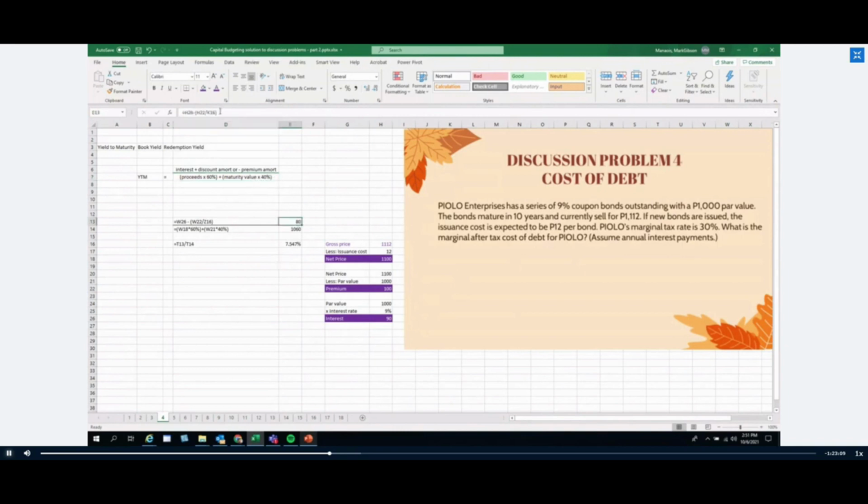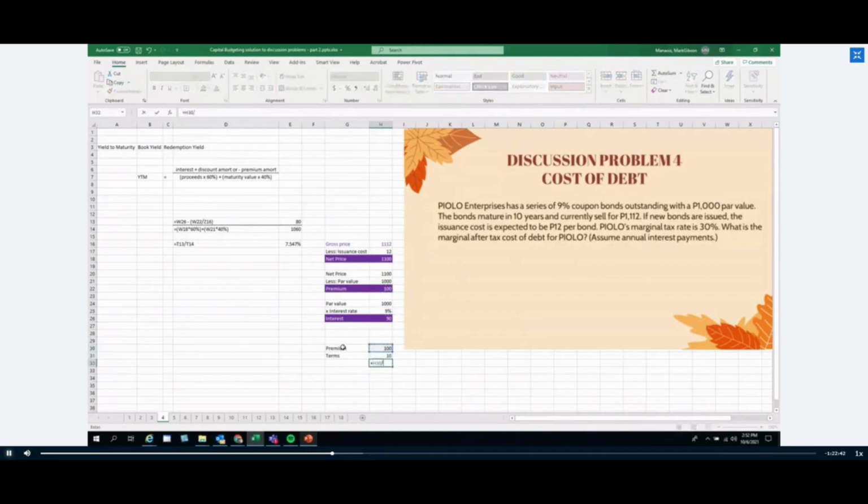Isa-isayin natin yan. So, we have the interest of 90. Tapos ngayon itong premium, sabi ko kanina, 'di ba? Premium should be amortized, so therefore 100 divided by 10. So lagay ko lang dito, premium amortization para at least may guide ka. You have your premium of 100 and then 10 years.